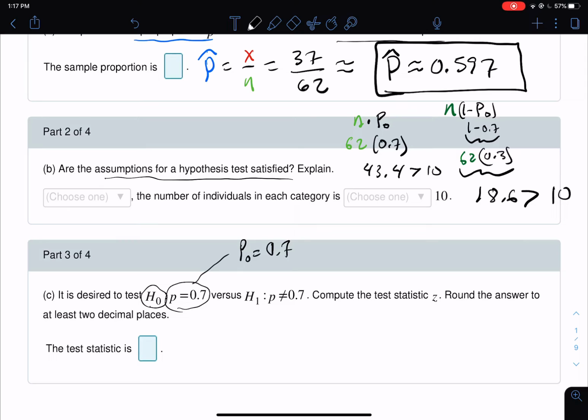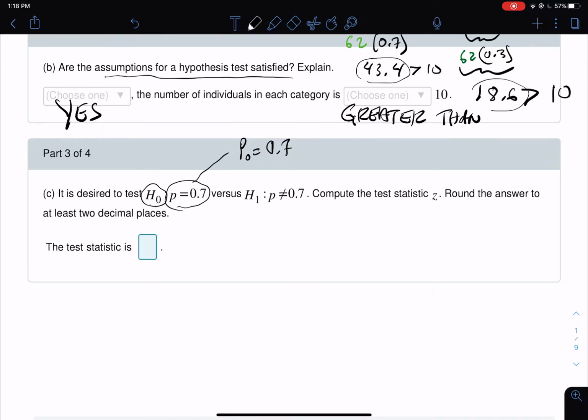So, are the assumptions satisfied? Yes. The number of individuals in each category, the first category and the second category, is greater than 10. Okay, on to the next question.